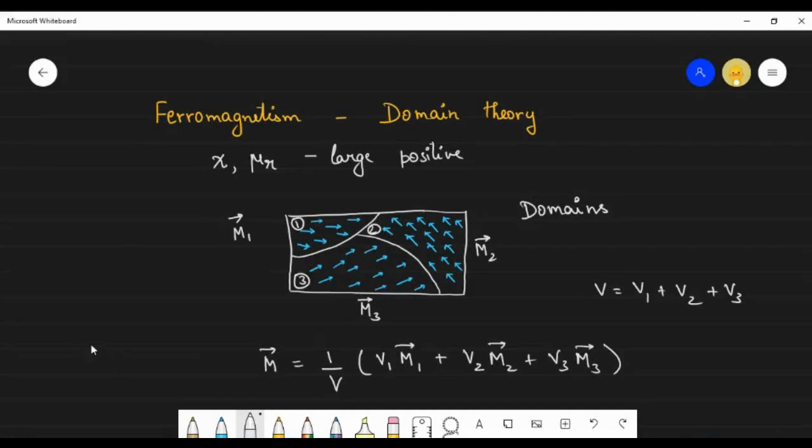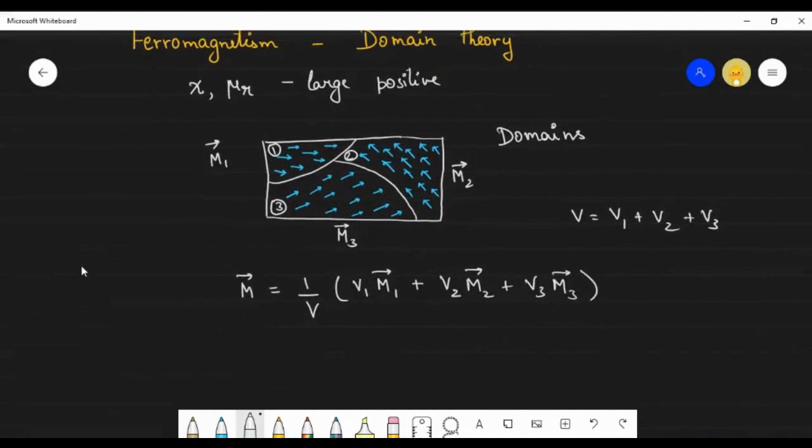For a specimen that has been left out for a long time, a specimen that has not been subjected to an external magnetic field, the net magnetization is zero. That is, the domains are such that the average energy is least in the absence of external magnetic field.